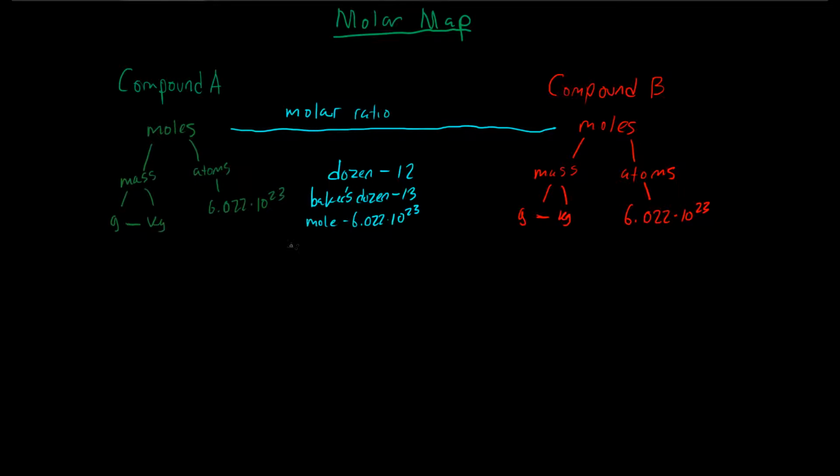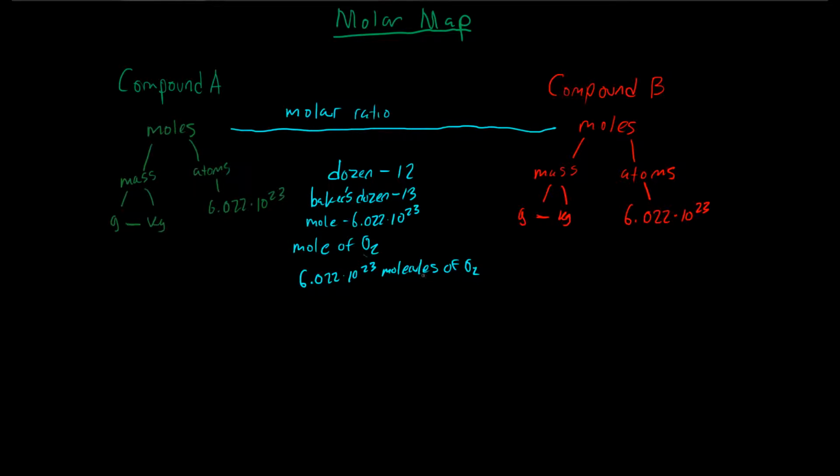Say I have a mole of O2. O2 is a molecule, so I have that many molecules in one mole of it. So I have 6.022 times 10 to the 23rd molecules of O2. That's really what you say when you have one mole of something.